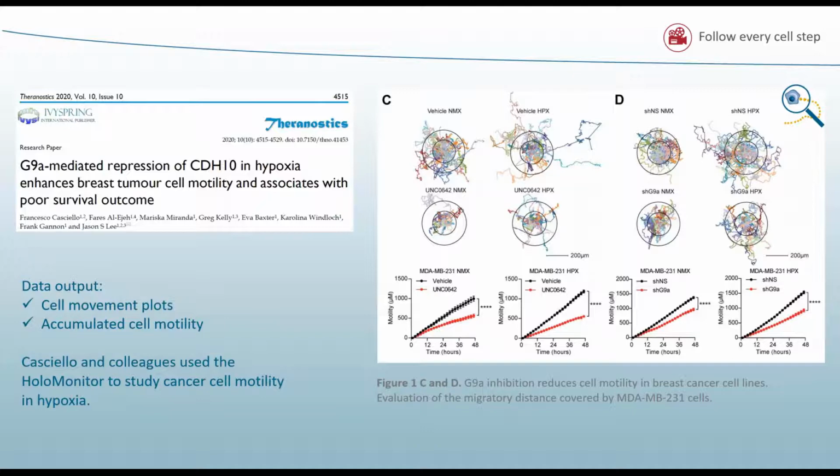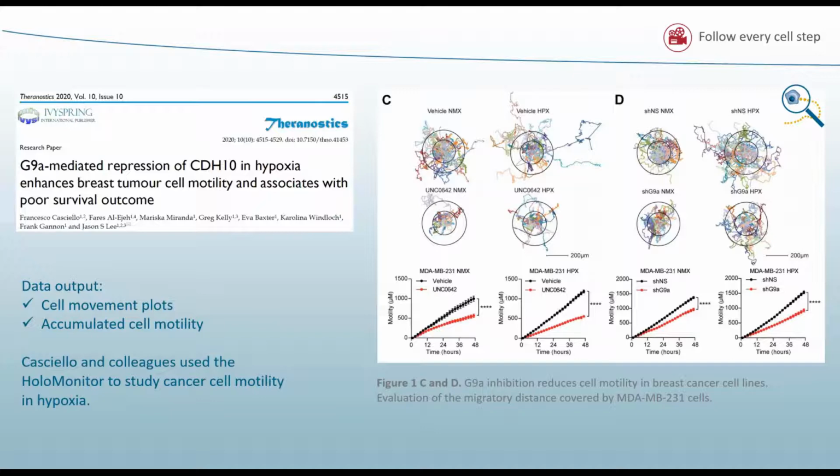And they have used another factor, G9A, which they studied, which will promote tumor cell motility, and that will then silence the first factor. So by balancing these different factors, they can affect cell motility. They used the MDA-MB231 cell line to see how different inhibitions and additions of these factors would affect cell movement.